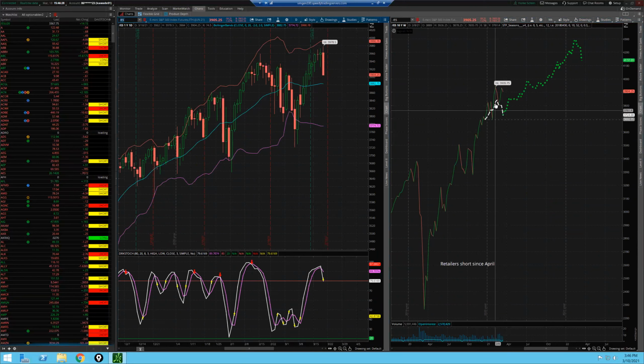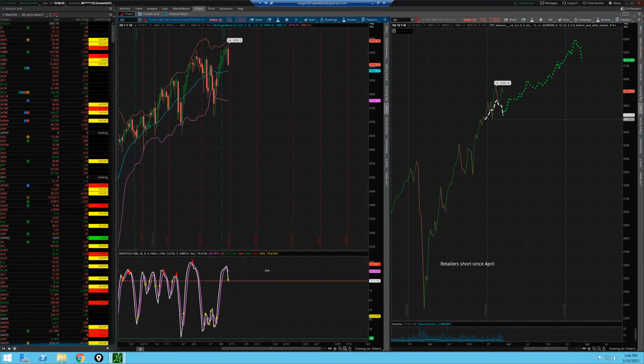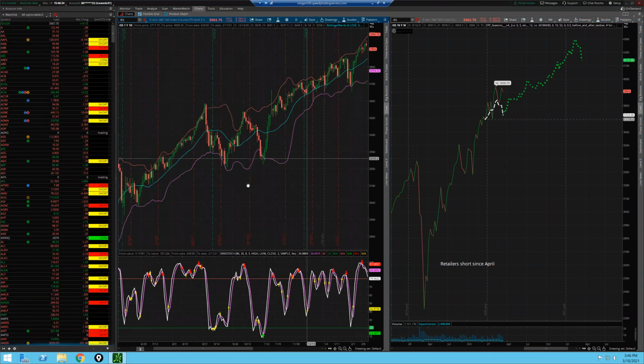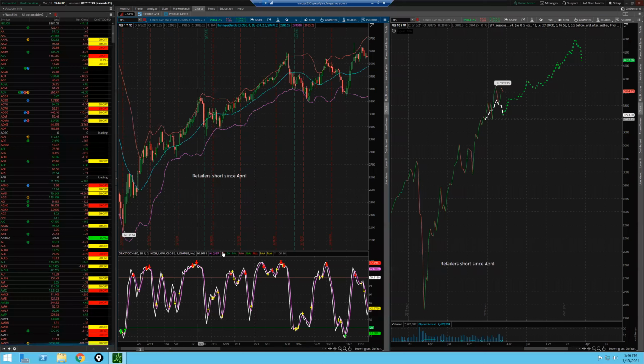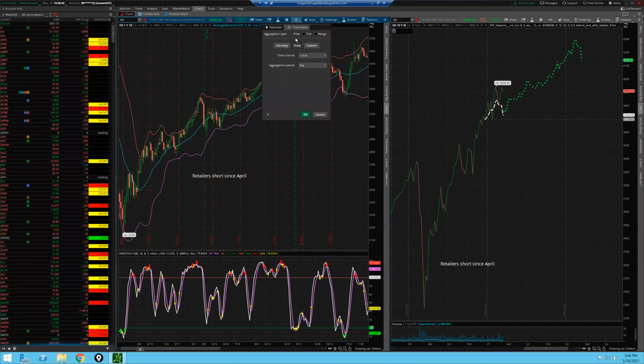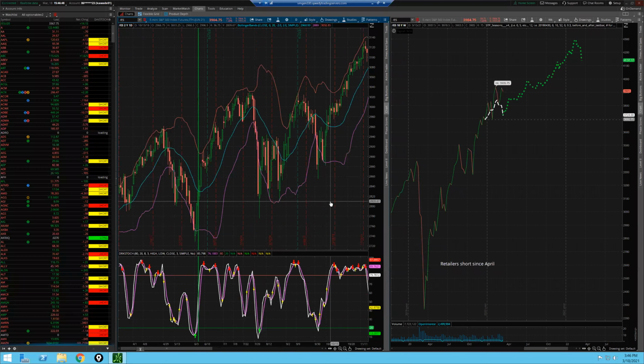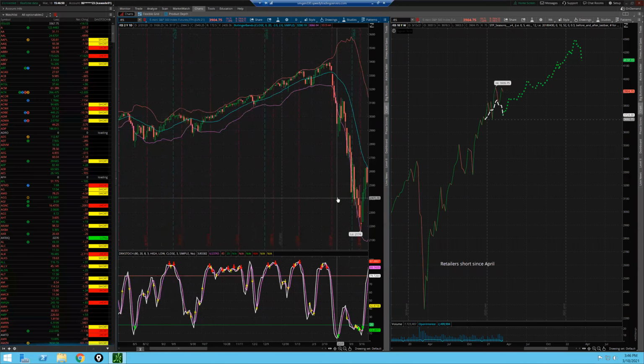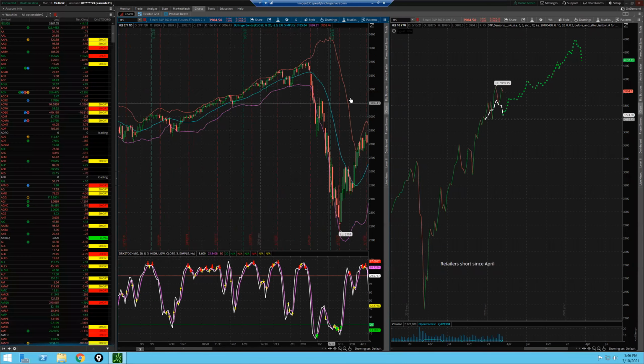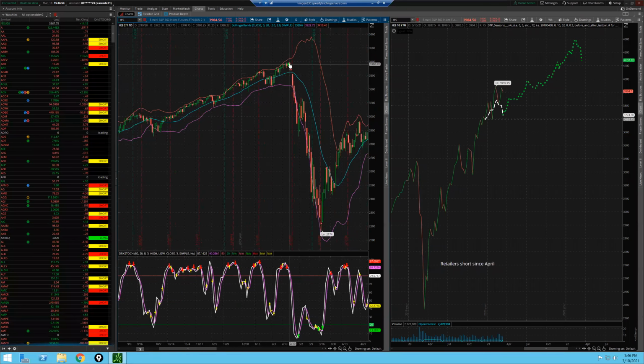Well, this is what it looked like last year in February as well, right? So when we go back to the COVID crash, as people call it, you shouldn't have been surprised we were going lower here, just like we did this year.